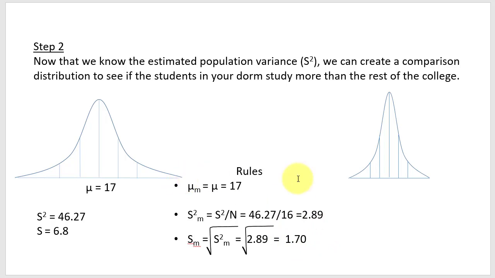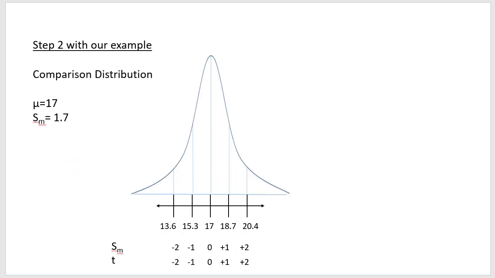So our new distribution is going to have a mean of 17, but instead of having a spread of 6.8, it's going to have a spread of 1.70, which looks like this. So our new comparison distribution has a mean of 17, so a population mean of 17, and an unbiased estimate of the population standard deviation of the distribution of means of 1.7.